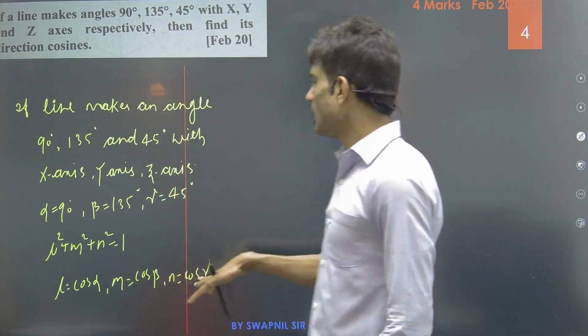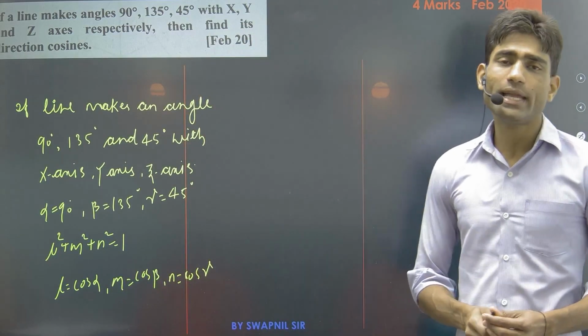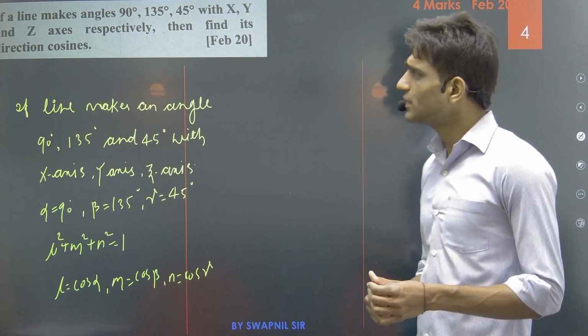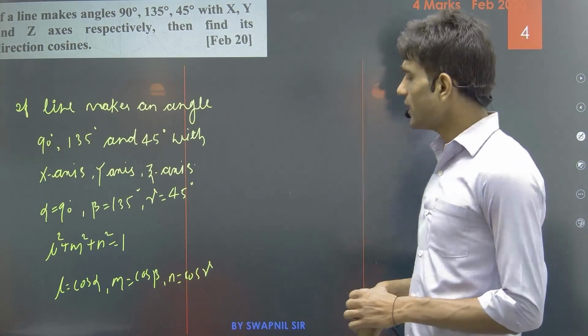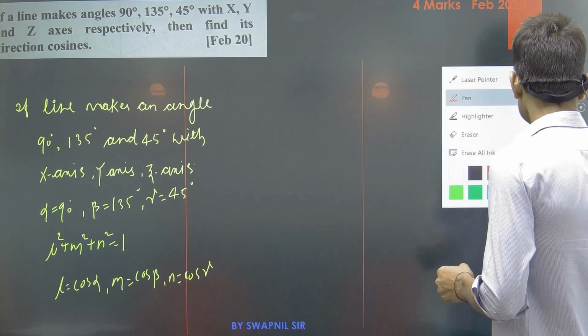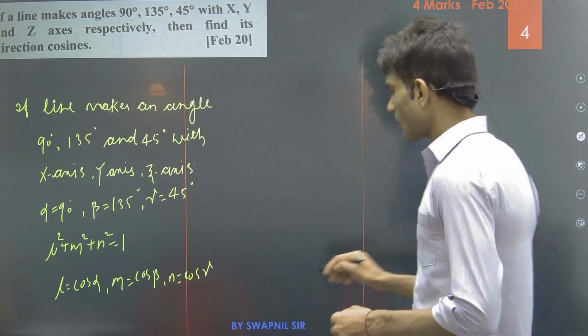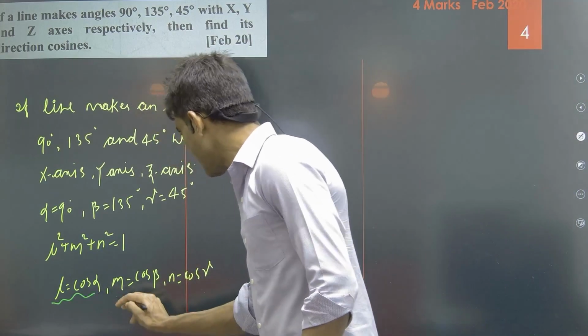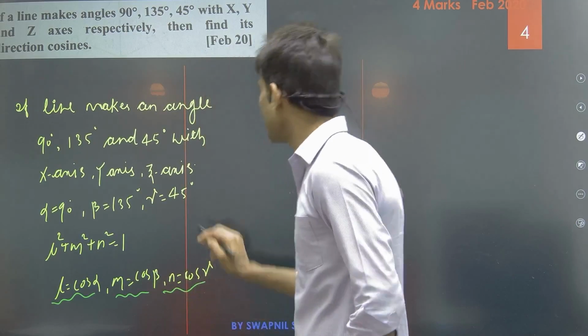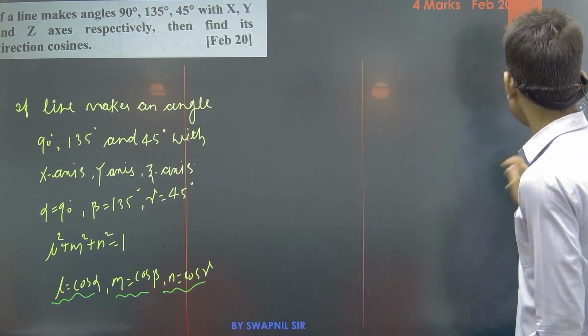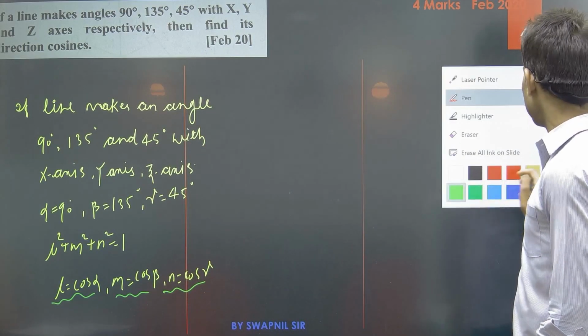So l, m and n are the required direction cosines, the first, second and third direction cosines. We have to find all three of these.